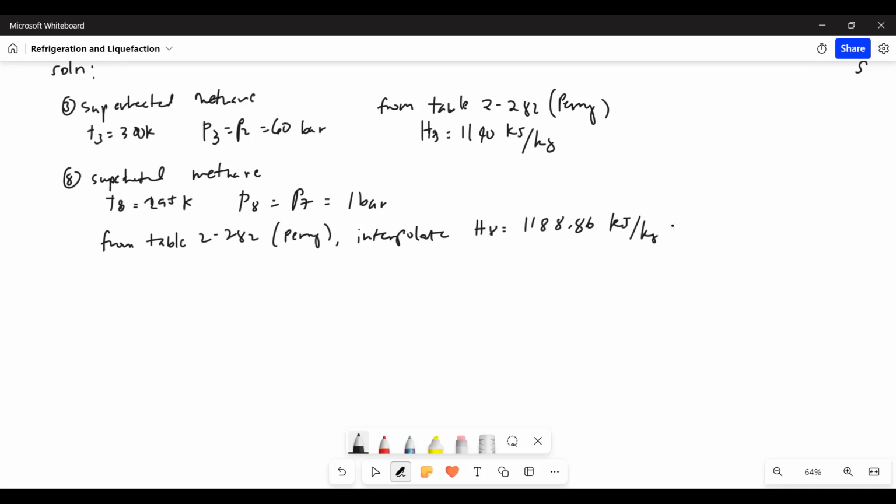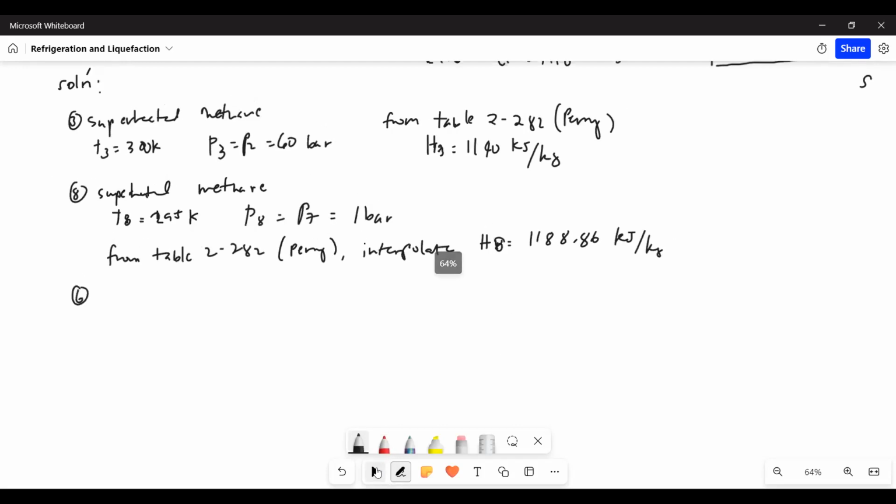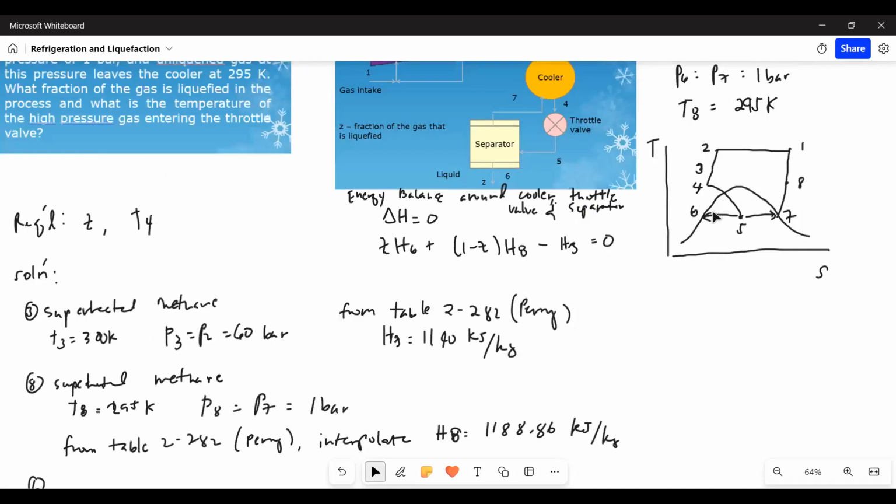Okay. So we have now H8, NH3. The final H that we need to solve is H6, to be able to know the mass fraction Z. So H6, what's the state?